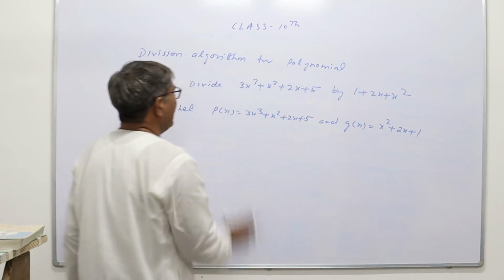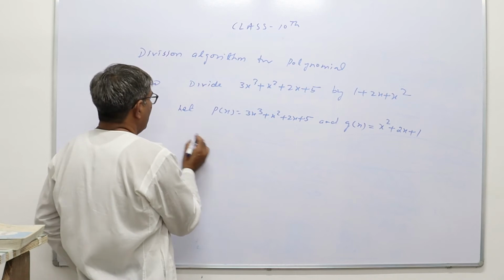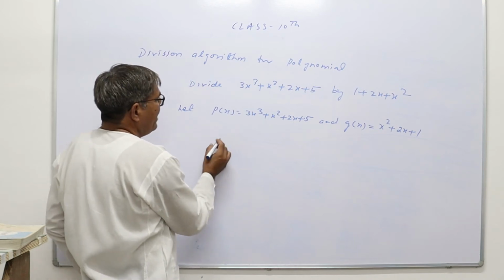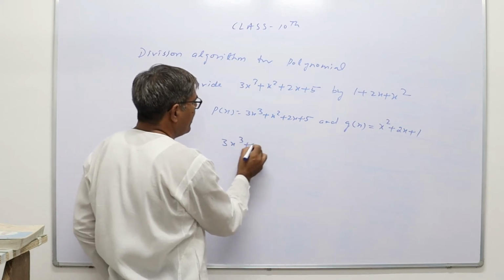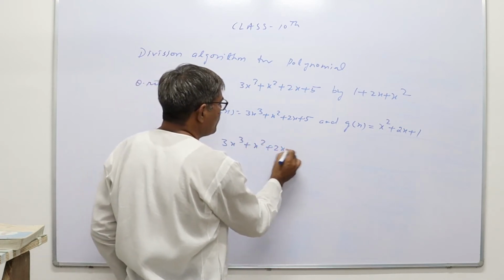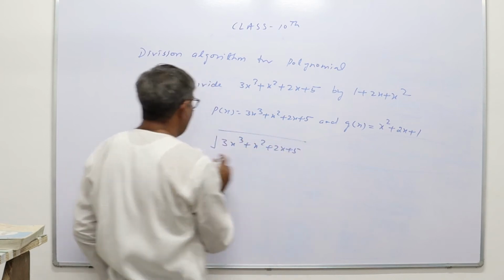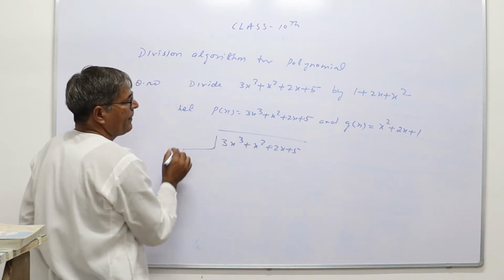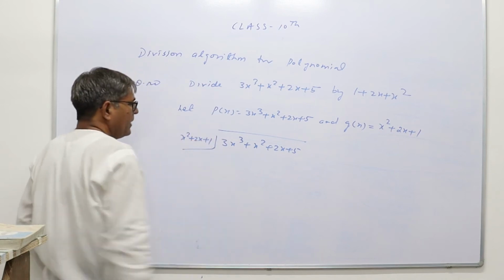Now we have to divide p(x) by g(x). How will we divide? First we will write 3x cube plus x square plus 2x plus 5. This is your dividend, and we will divide this by x square plus 2x plus 1.